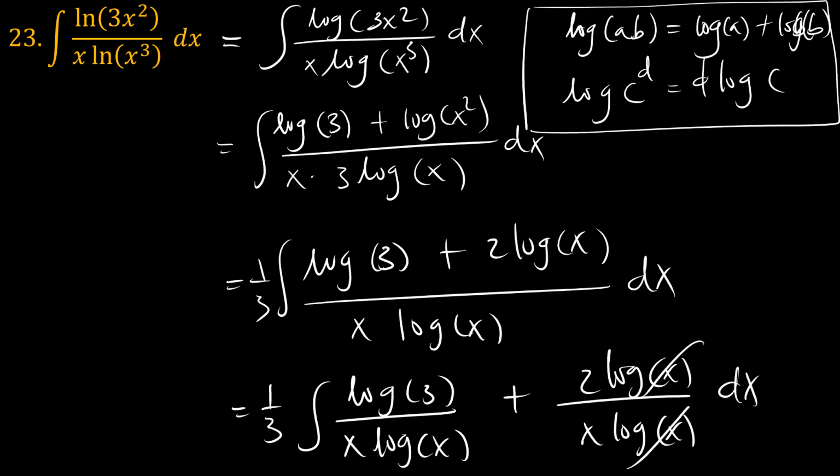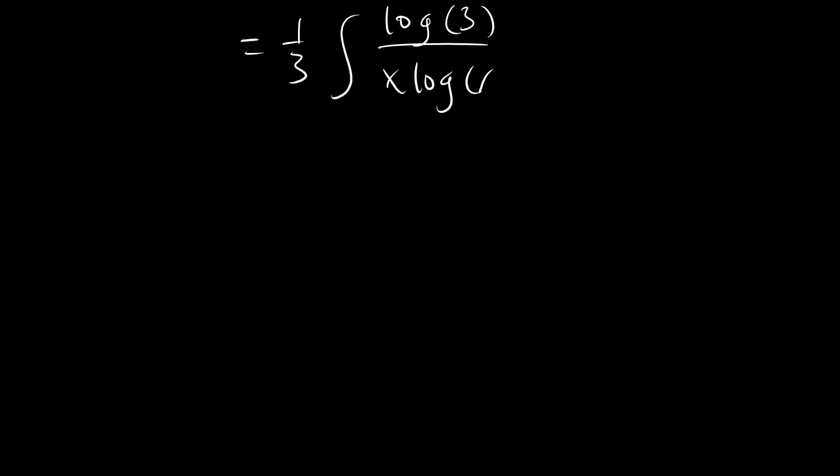And so those cancel out. And then this is how we're going to proceed. We've come to a point where now we have a third and we have log of 3 over x log of x plus 2 over x.